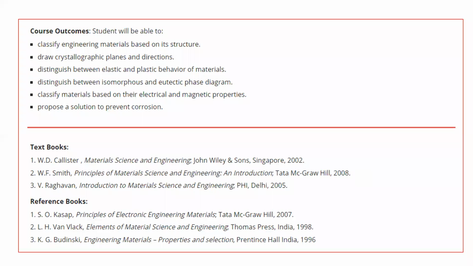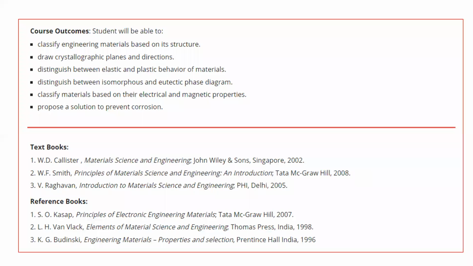Once you study the electrical and magnetic properties of the material, you will be able to classify engineering materials vis-a-vis their electrical properties and their magnetic properties. So there will be subclasses of electrical properties, and subclasses of magnetic properties.